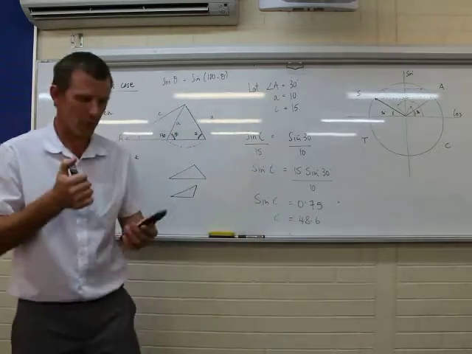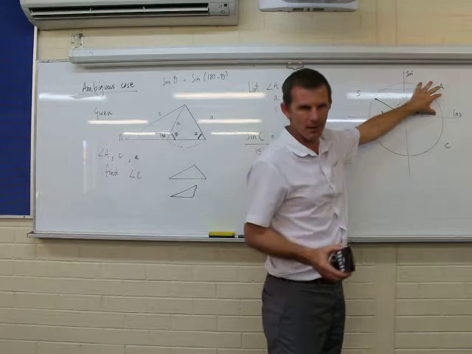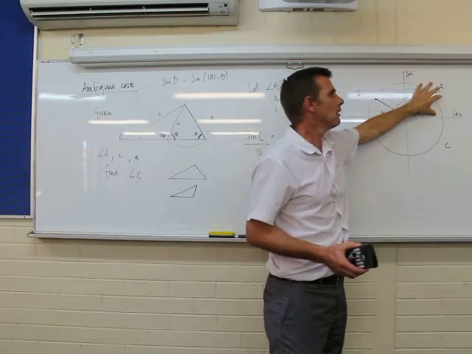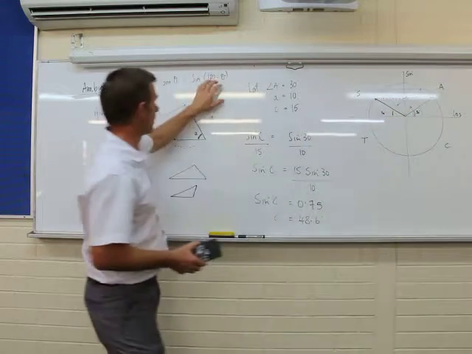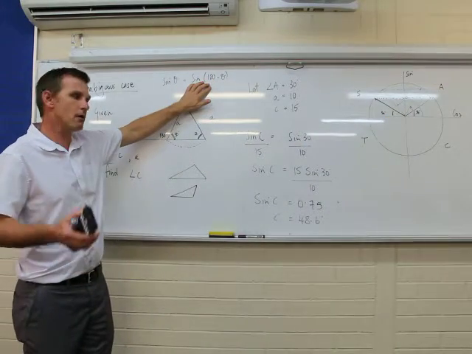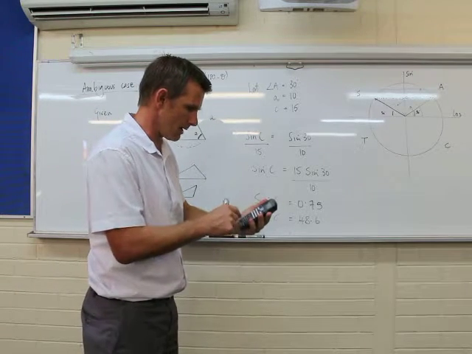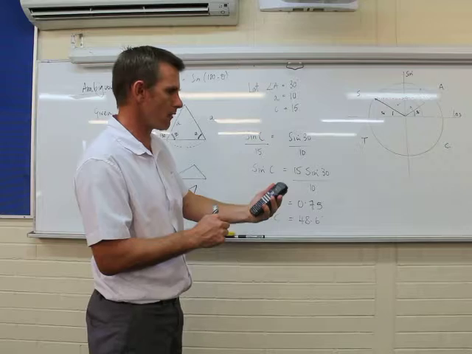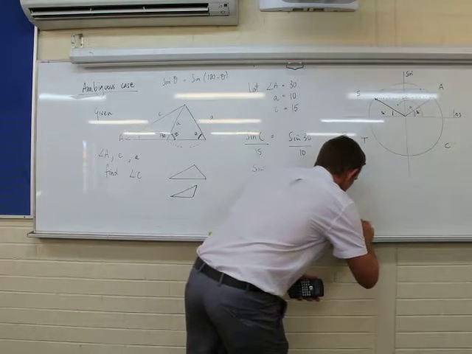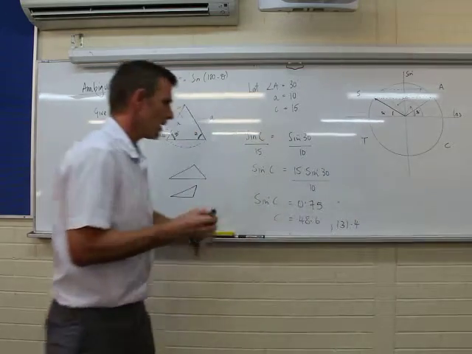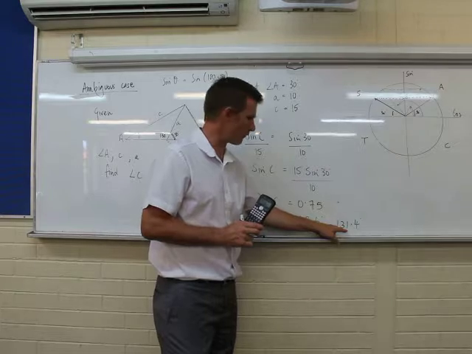Now the calculator is always going to give you the answer in the first quadrant, or the first answer it's going to come across. We need to realise that's only one of the answers. Based on this idea up here, I would just go 180 degrees minus that. I'll go 180 minus the answer, and I get 131.4 degrees.